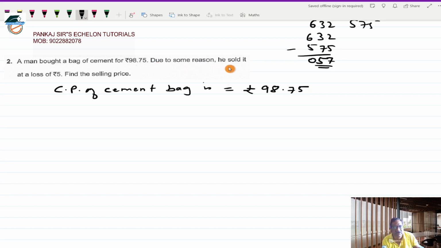Due to some reason, he sold it at a loss of rupees 5. So the loss is given to you as rupees 5.